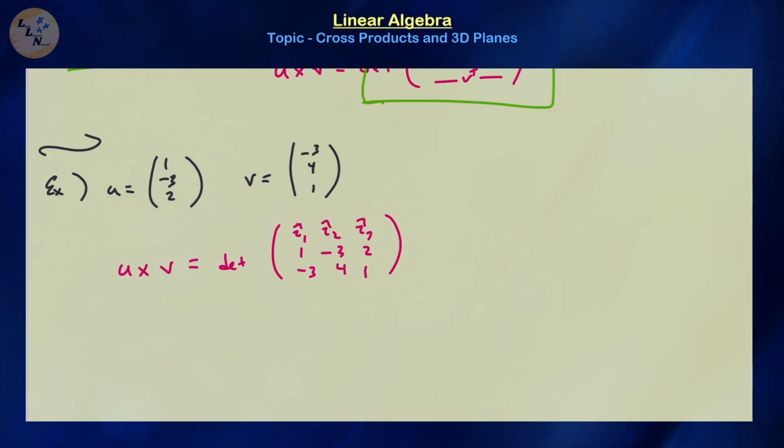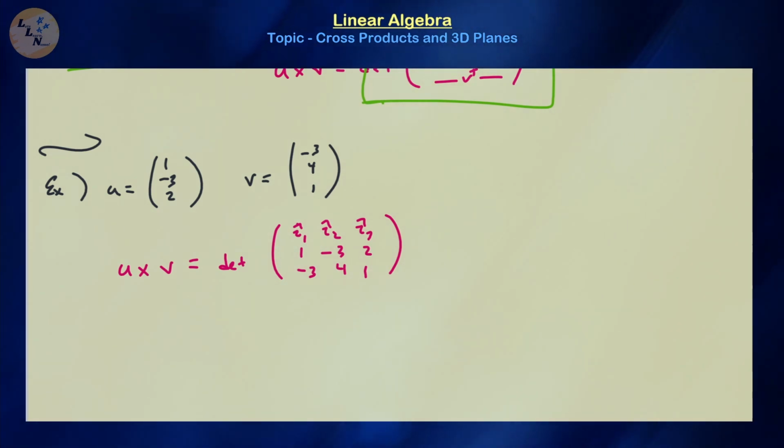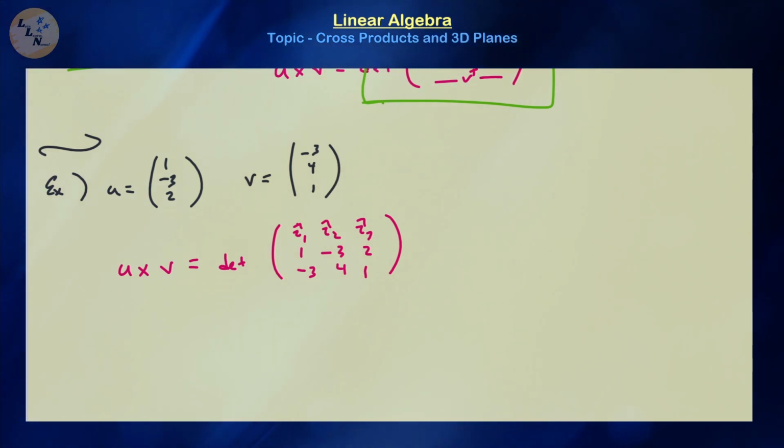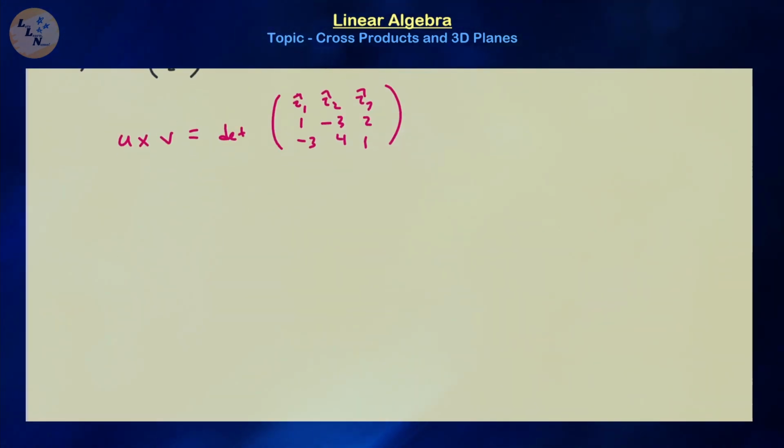In case you don't like writing the column vectors as rows, keep in mind the determinant of a matrix is equal to the determinant of its transpose, so you technically could do the determinant of i1, i2, i3 in the first column, u in the second column, and v in the third column, and you'll get the same exact answer. So let's do our usual operation for the determinant of 3 by 3 matrices.